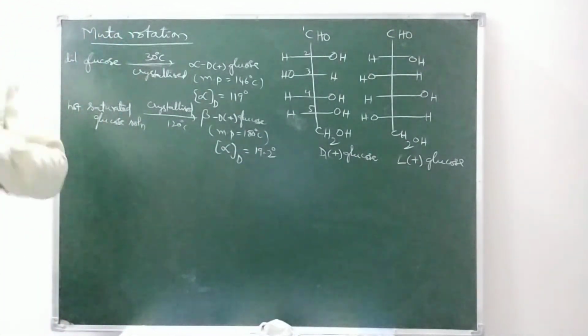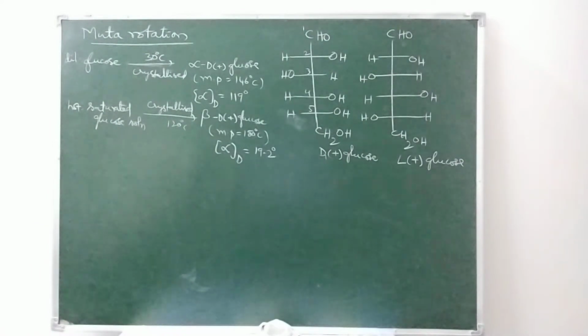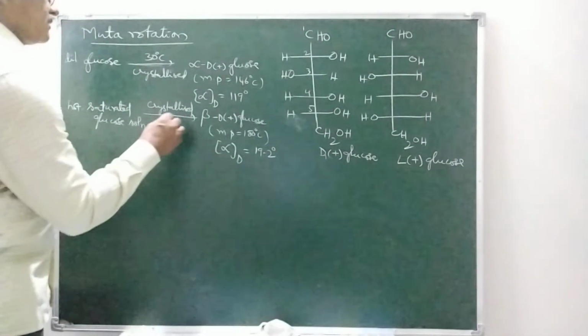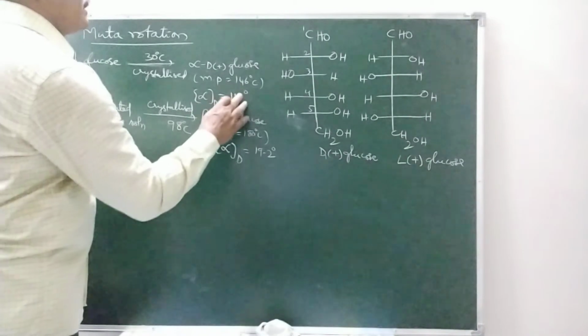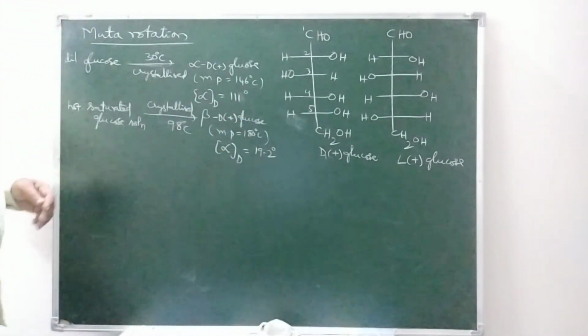Okay, 19.2 degrees. For alpha D glucose it is 111 degrees, and for beta D glucose it is 19.2 degrees. Okay.